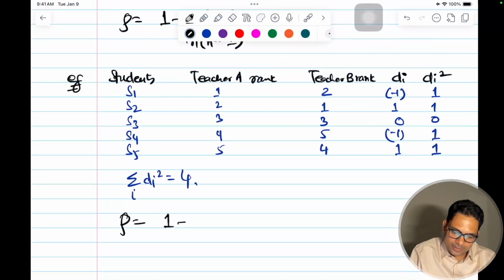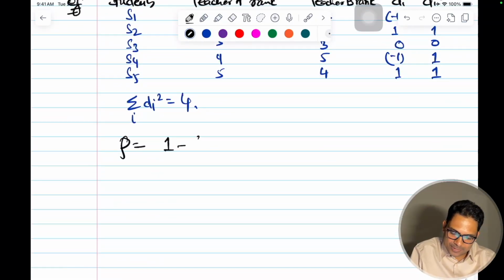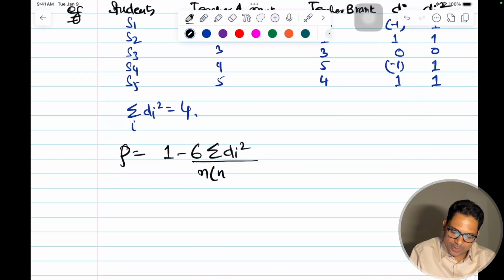So what will be my rho equal to? It is equal to 1 minus 6 times sigma di square by n into n square minus 1. Here n is 5, 5 students are there.